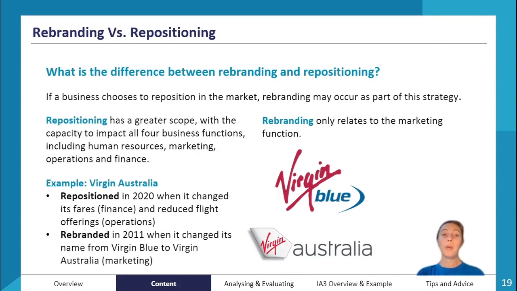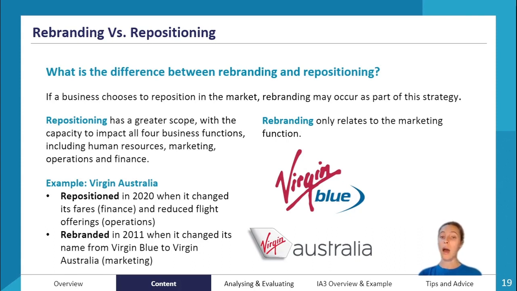So something you may be wondering is what the difference is between rebranding and repositioning. Rebranding is probably something we've heard of before, and it relates specifically to the marketing function that we just spoke about. If a business chooses to reposition in the market, rebranding may occur as part of the strategy.